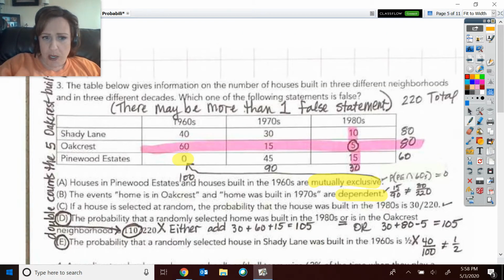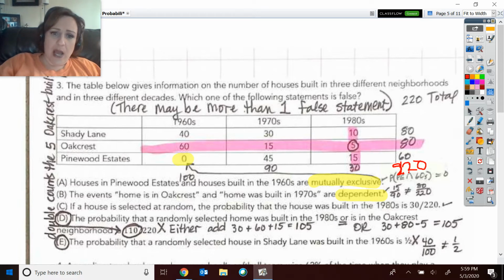So Oakcrest, let's see what I did overall. There was 220 overall.